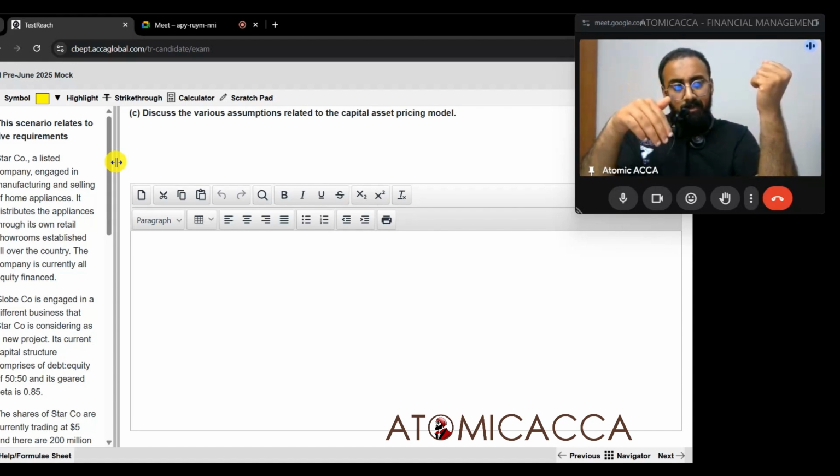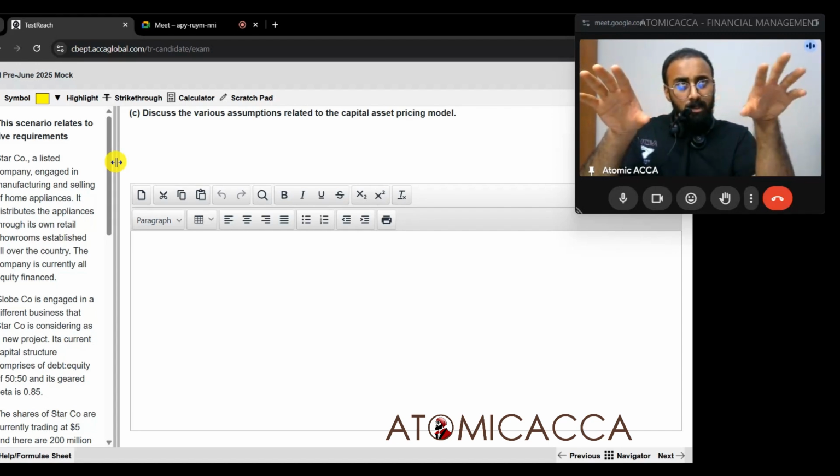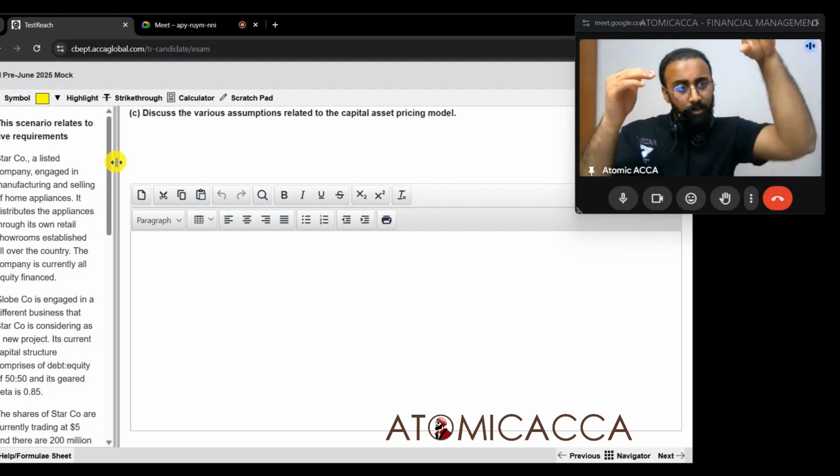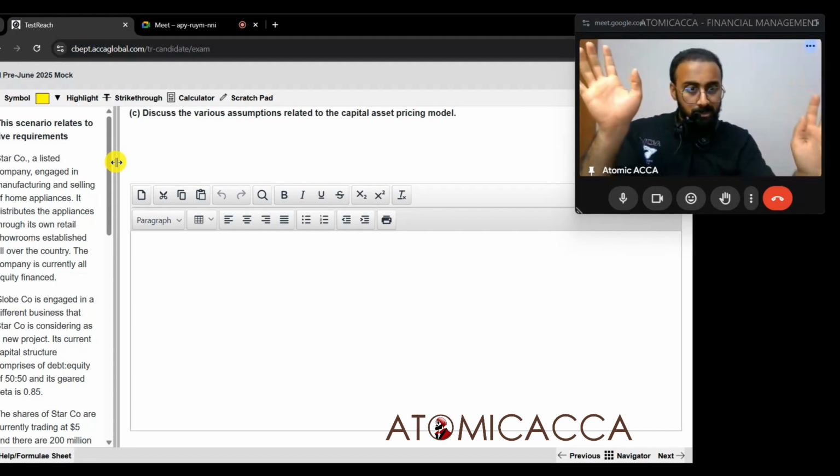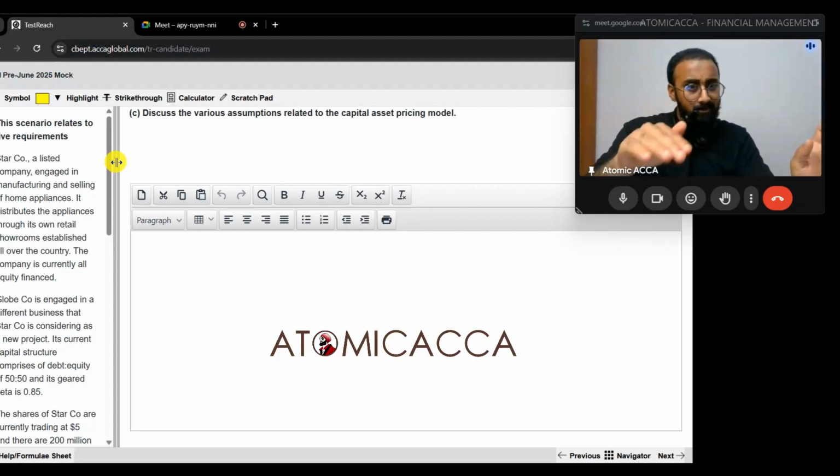Then finally we got into the CAPM formula. In the CAPM formula, what we use is RF. What assumption is there with RF? Plus beta equity? Beta we already covered. Then RM minus RF. Where do we get this RM from? How do we get the risk premium? Like this, if we go through the formula itself, we get all the assumptions that are needed. Considering that this is 4 marks, we're going to use the same technique now.